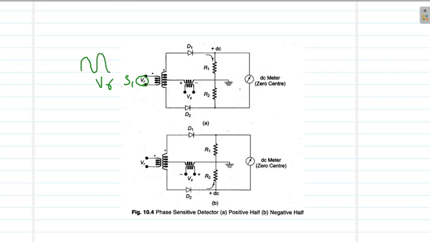This is a sinusoidally varying voltage. We have the second wave here, with voltage VS, which is also sinusoidally varying. We want to compare the in-phase or out-of-phase situation of these two waves. These are the places where we feed in the voltages.